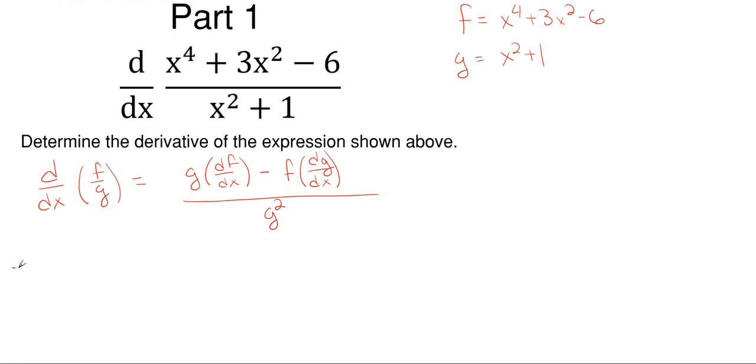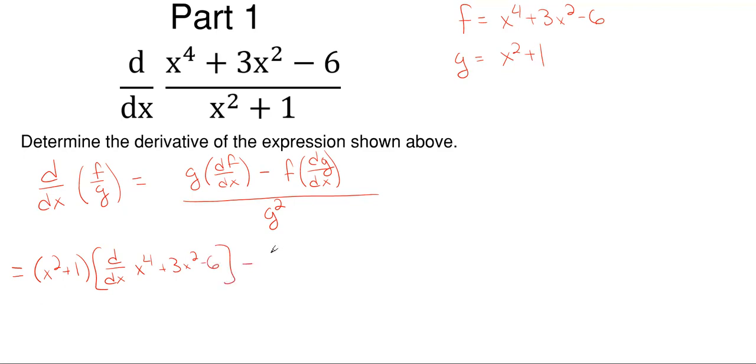You might want to leave some room here because this one's going to be quite long to write out. So we would have g, which is just x squared plus 1, times the derivative with respect to x of our f equation, which is x to the fourth plus 3x squared minus 6.